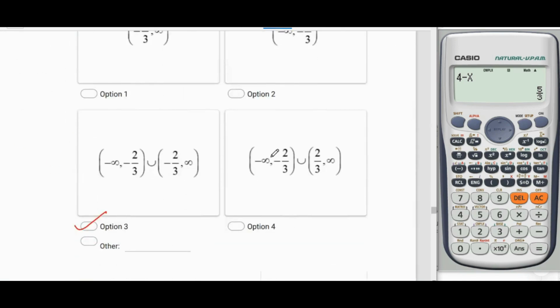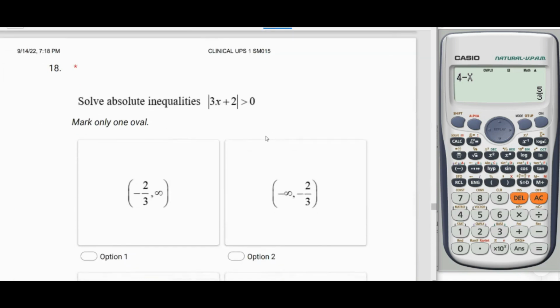Absolute inequalities. Alright, so we come to absolute inequalities, when you want to open the modulus. For inequalities bigger than, we use the definition or. Open the modulus, definition or. On the other side, put in the negative, change the sign. For this side, we simplify 3x more than -2, x more than -2/3.